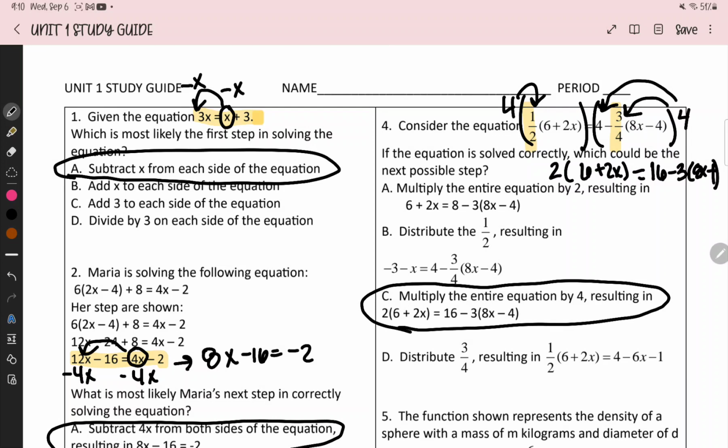What I did when I taught this lesson, I made sure that all of my students understood that whenever you see a fraction, don't get scared of the fraction, just get rid of it.